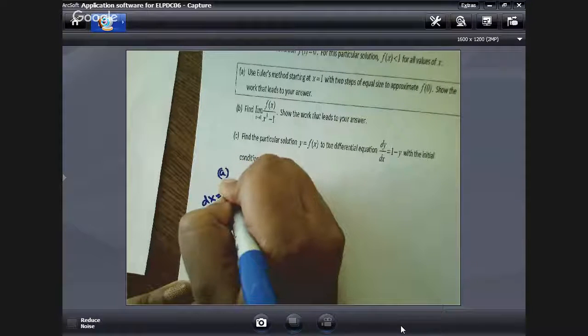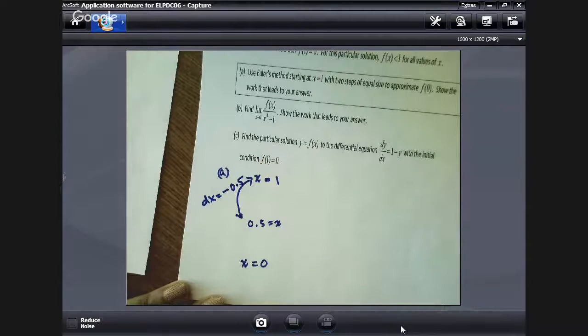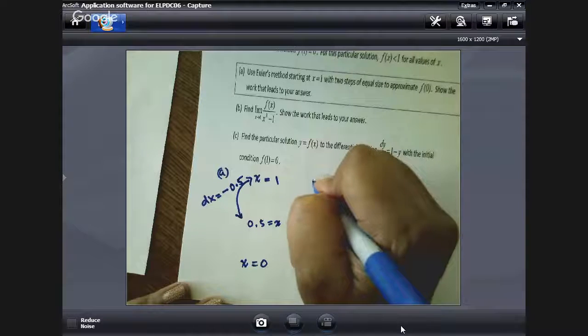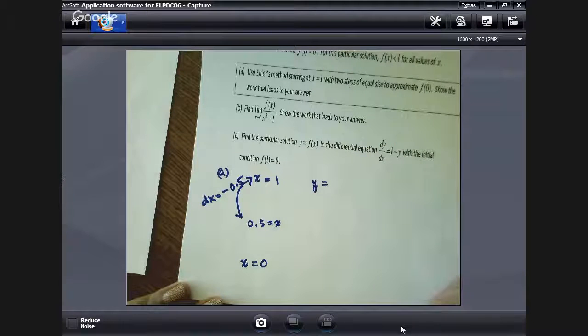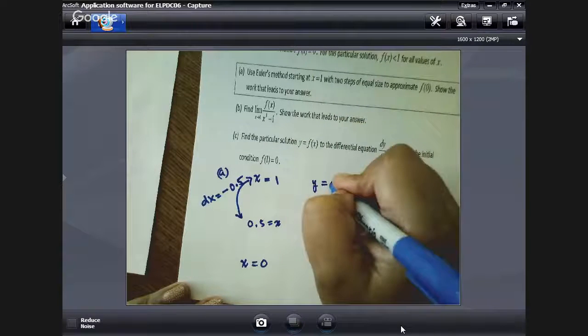And I hope that makes sense as to why dx has to be negative, since I'm going from a greater value of x to a smaller value of x. I'm going down by 0.5, subtracting 0.5 from the x value. So when x equals 1, y is equal to 0. They told me that up there.